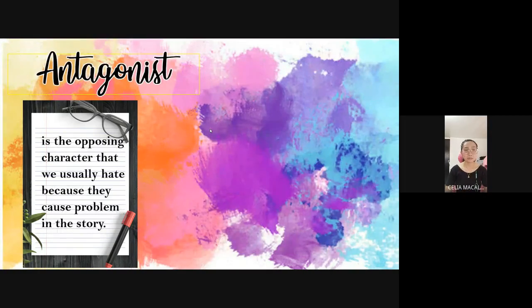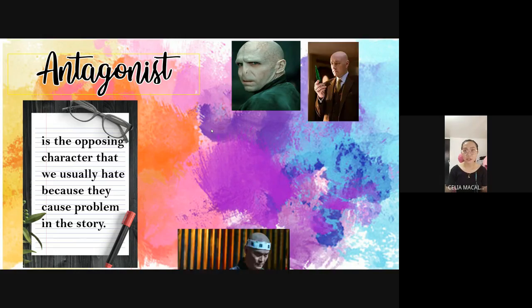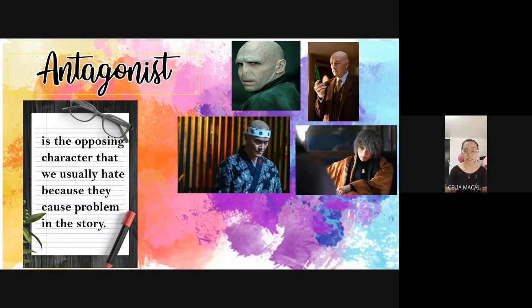And then the antagonist. The antagonist is the opposing character that we usually hate because they cause problems in the story or in the lives of our main character or our protagonist. So here are the antagonists of our protagonist that I have shown earlier.